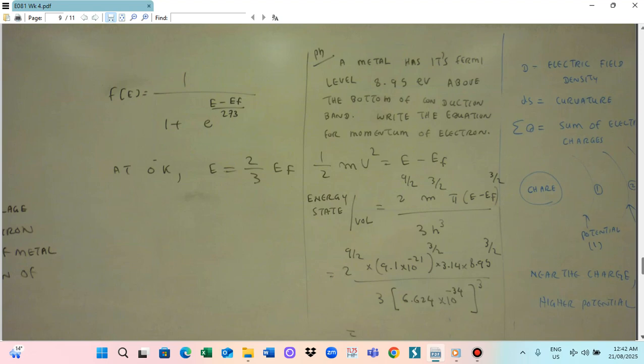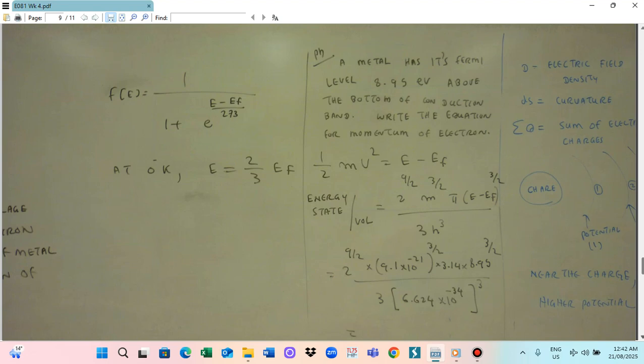In this case, we can substitute the electron mass: 2 power 9 by 2 multiplied with m, which is 9.1 multiplied by 10 power minus 31, power 3 by 2, times 3.14.